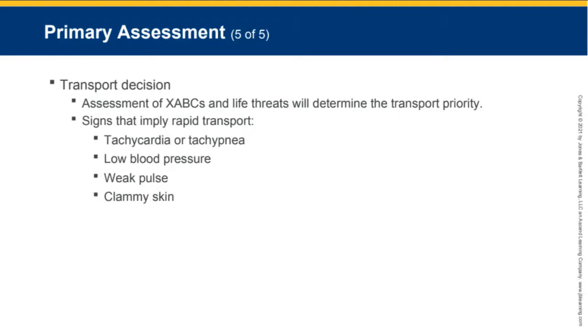You should know if it is a load and go patient or a stay and play. Again, after you have completed your ABCs assessment and management, you should know what your patient's GCS is, whether you need a rapid scan or a focused assessment, and whether the patient is a load and go or a stay and play patient.